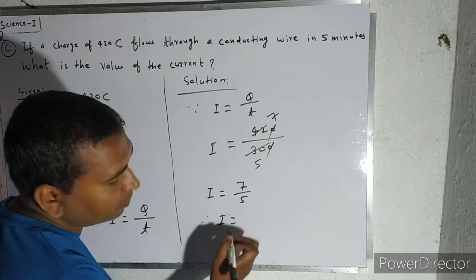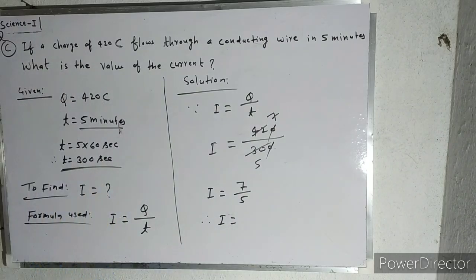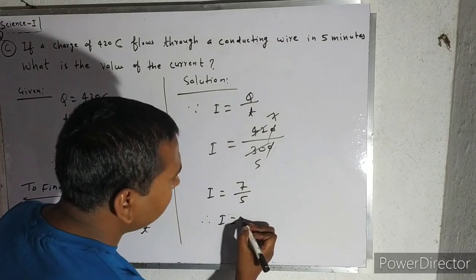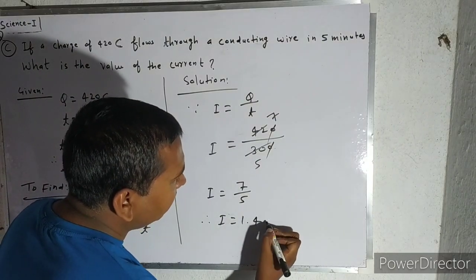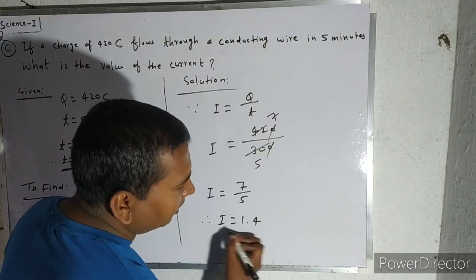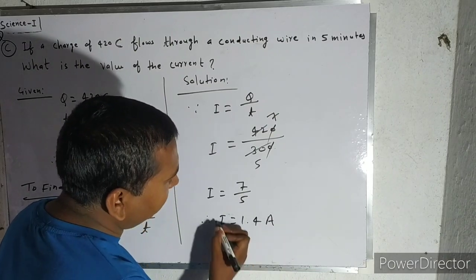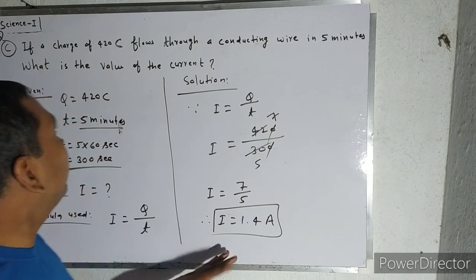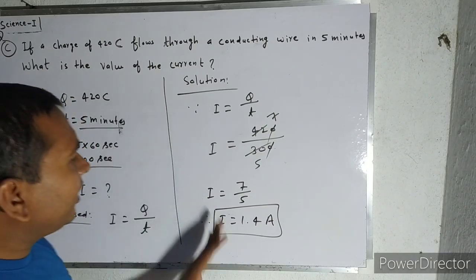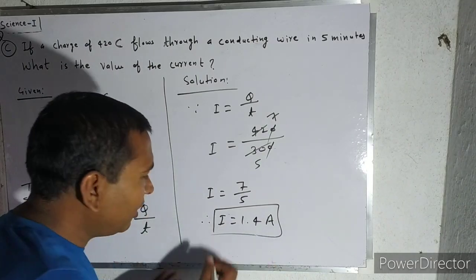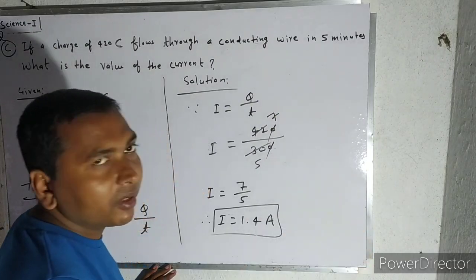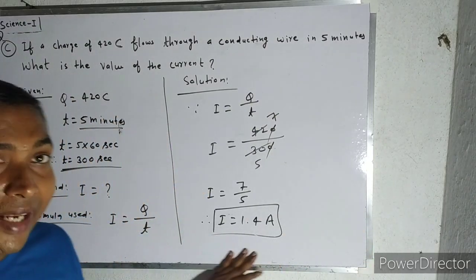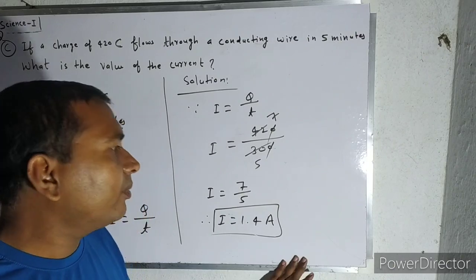Therefore, I is equal to 1.4. I is the current, so its unit will be ampere. Therefore, you have to write in language: the value of current is equal to 1.4 ampere. Write in the language. I am not writing it, but you have to write.